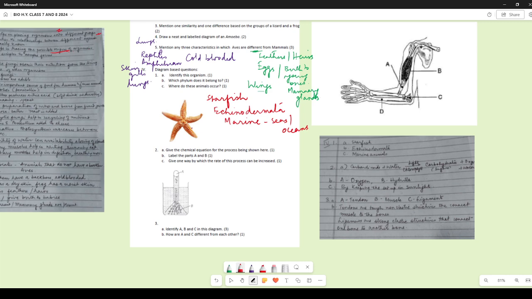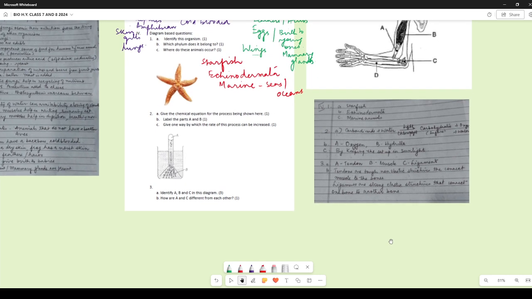Right. Now give the chemical equation for the process being shown here. The next diagram you can see over here, it is related to photosynthesis. So you have to give the equation of photosynthesis over here. So just give the word equation. So word equation says carbon dioxide plus water gives carbohydrate.